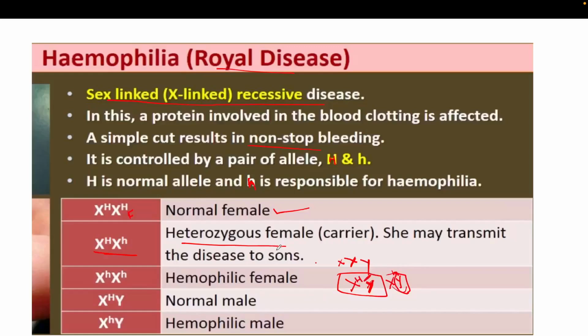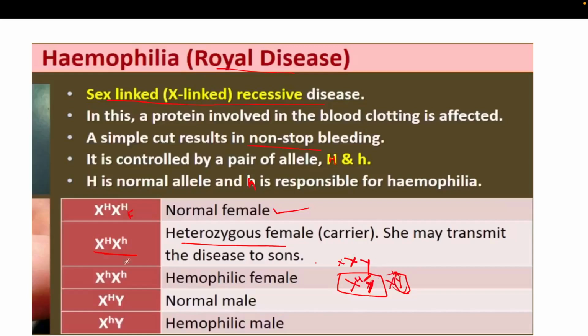If the mother is heterozygous in nature, in the case of sex-linked recessive, then the son will be easily affected. The daughter has another X, so it can be compensated and she will not be easily affected, because she has an extra X, but the son has only a single X. So when the X gene goes to the son, he will show the affected symptoms.